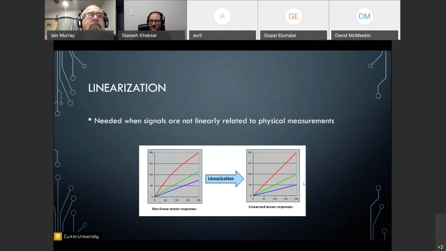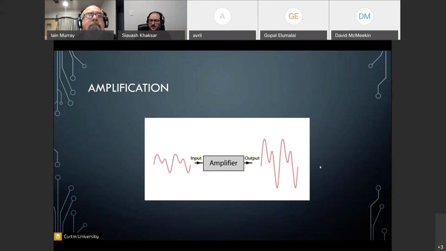Here's an example of linearization. If the sensor is non-linear, but we are interested in looking at the linearized version of that, that's the type of signal conditioning we can apply. We have amplification. If we wanted to increase the amplitude of a signal to be able to read it more clearly.